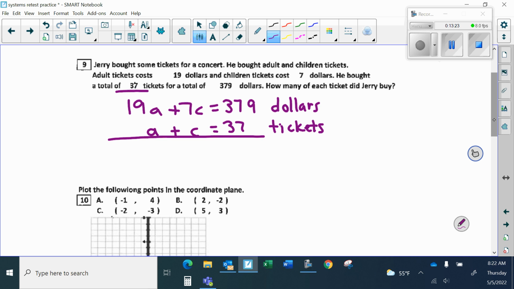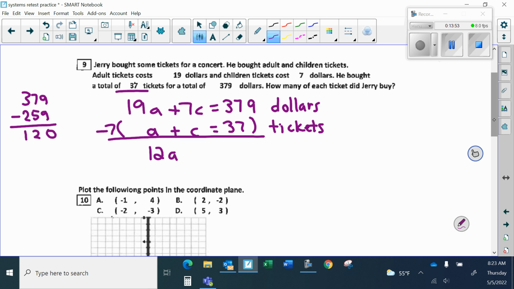Okay, so now we need to solve that system. The easiest way is to eliminate the C by multiplying by -7. And so I have 19A minus 7A is 12A. And I have 379 minus 7 times 37. 7 times 30 is 210 plus 49 is 259. You can just put that in your calculator.